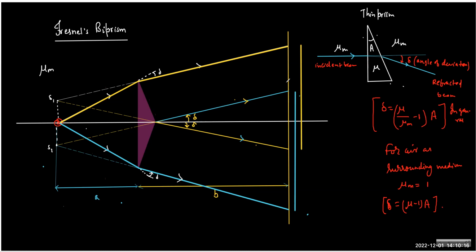So interference will happen between the light coming from the top and the bottom prism, and therefore this is called the region of interference.